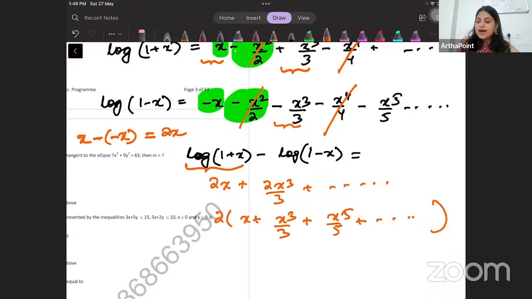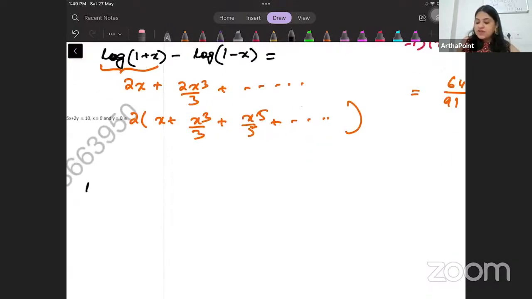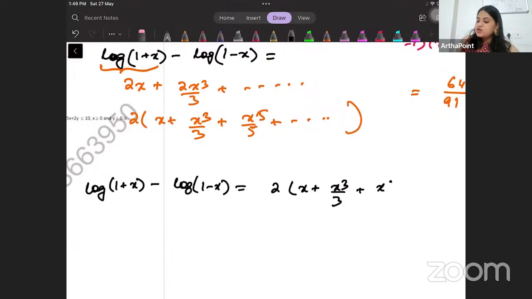Is this clear? I hope this is making sense. So we know that now I have said that log 1 plus x minus log 1 minus x can be written as 2x plus x cube by 3 plus x to the power 5 by 5 and so on.